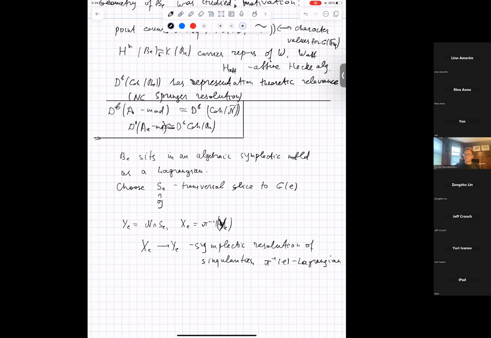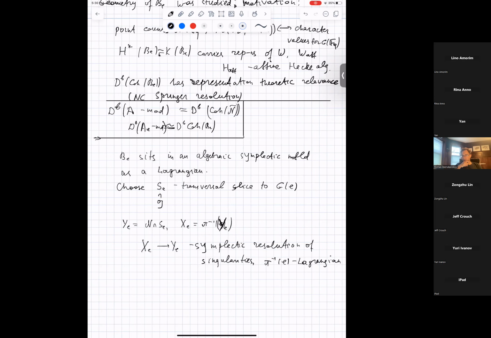Let's avoid characteristic 2 to be on the safe side, and then it's just linear algebra and works the same. But is it still a resolution of singularities in finite characteristic as well?